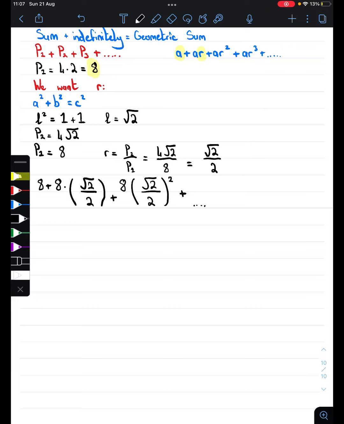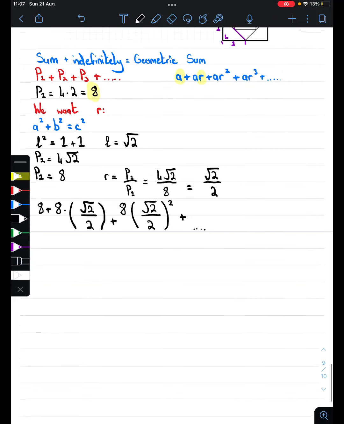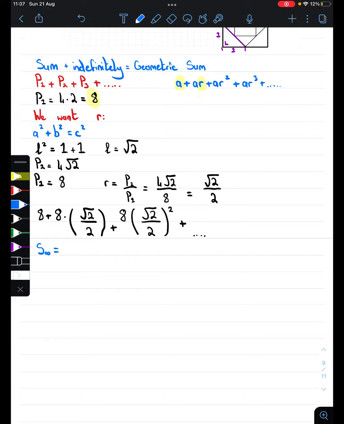And now we want to calculate the value of this sum, and we have our formula. The infinite sum of a geometric sequence is just the starting value over 1 minus the ratio.